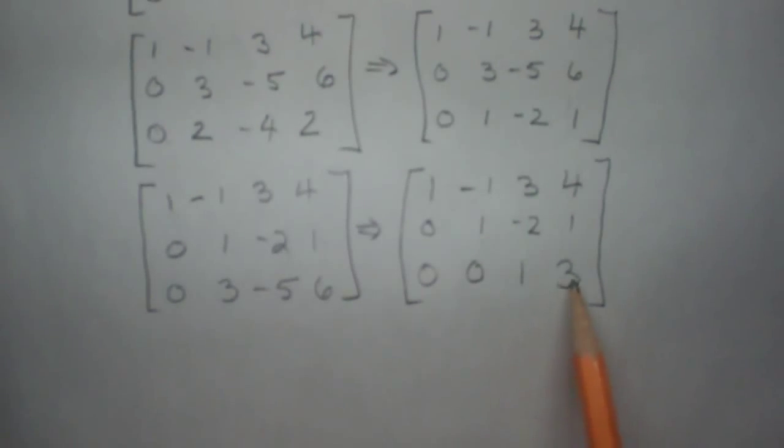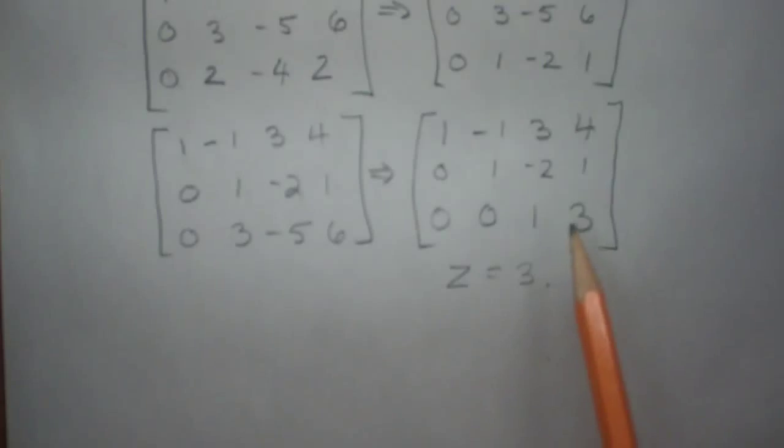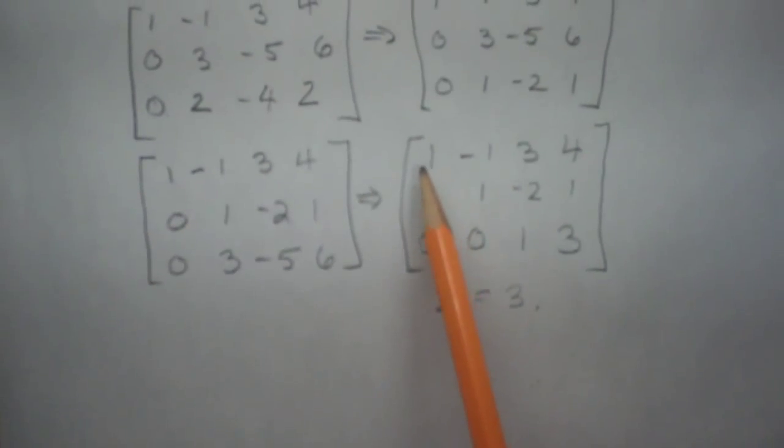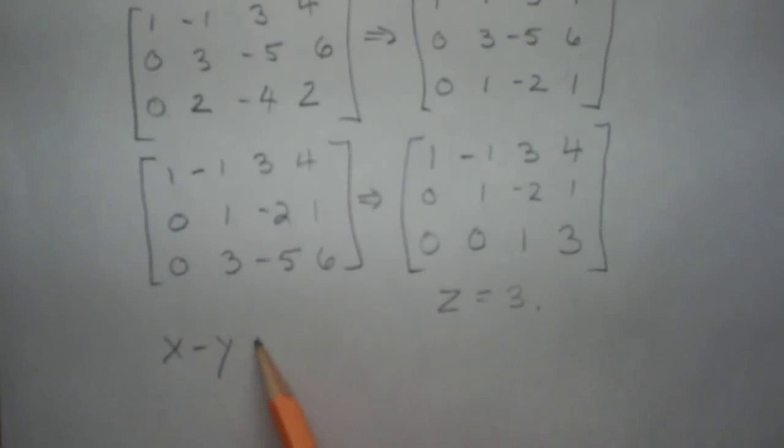You see, this term right here is telling us that z must be equal to 3. In fact, let's rewrite this entire thing showing the corresponding system of equations. This top row is telling us that x minus y plus 3z is equal to 4.